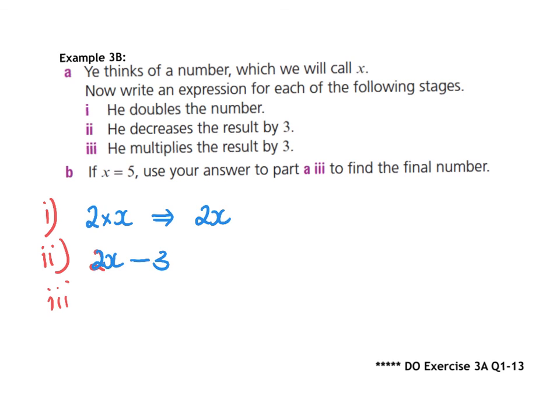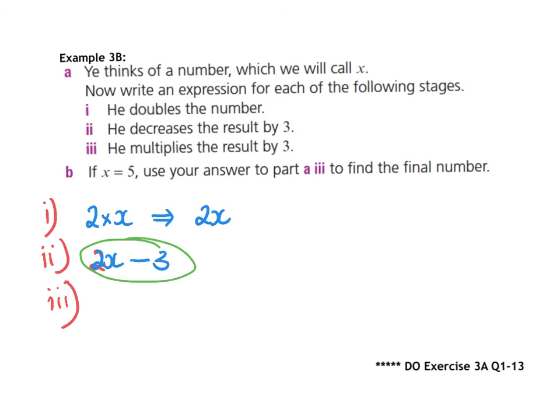He then is going to multiply what he's got, the result, by 3. So if I want to multiply this whole thing by 3, what should I do? James? Brackets. Does everyone say? When you want to multiply a group of things, because you want to take that whole thing, you have to pop in the brackets.